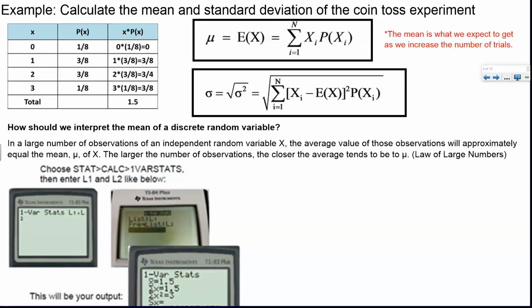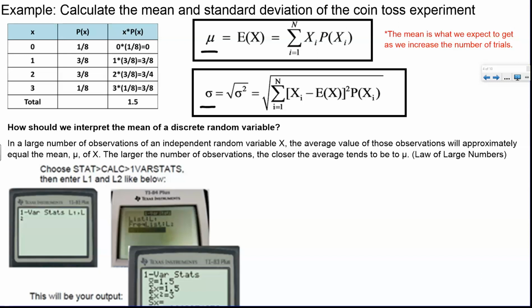That's what's going to give you your mean. Notice here that we use mu and sigma. These are our parameters because this is talking about the whole probability experiment, the whole random variable.